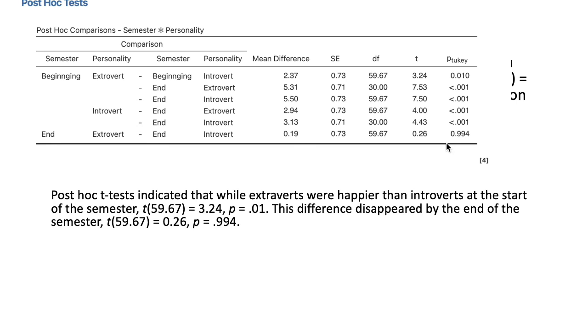So now I also have the post-hoc data. Post-hoc t-tests indicated that extroverts were happier than introverts at the start of the semester, so that's beginning extrovert, beginning introvert, and we can see that significant t-test. So T with 59.67 degrees of freedom, and that's important, degrees of freedom aren't always whole numbers, equals 3.24 with a p-value of 0.01.